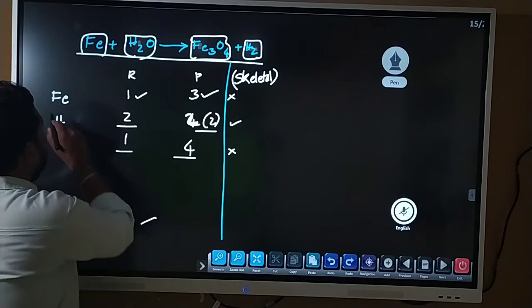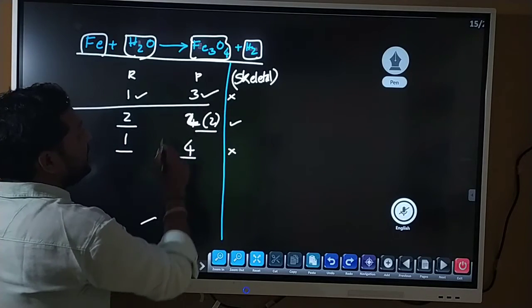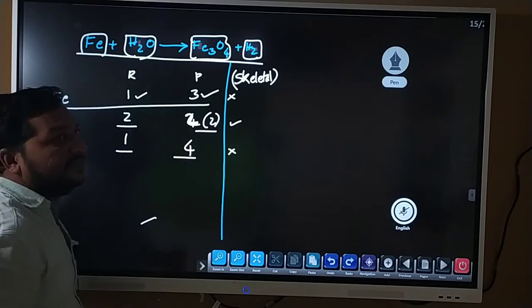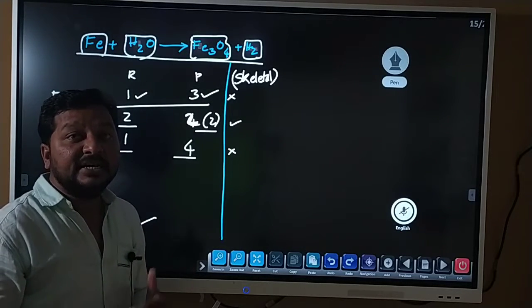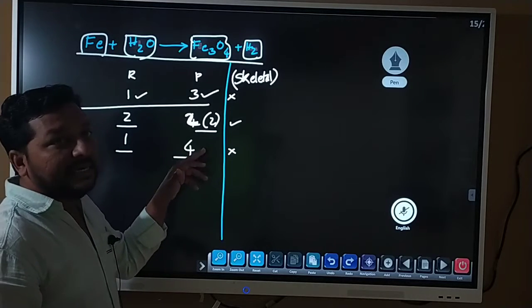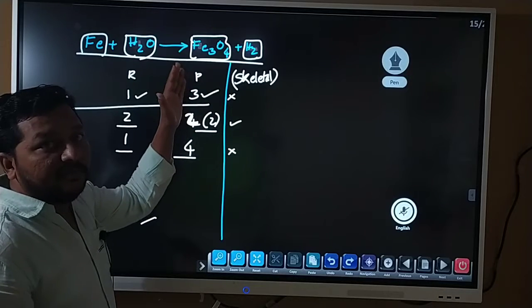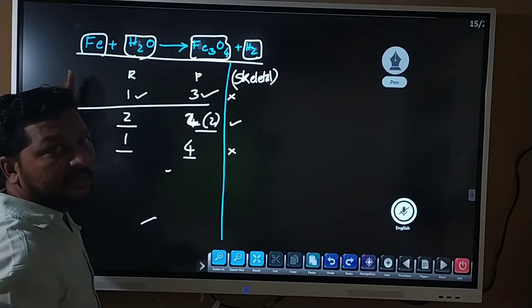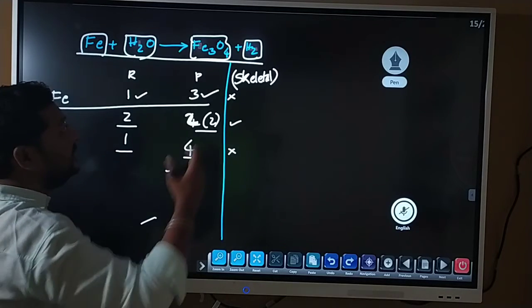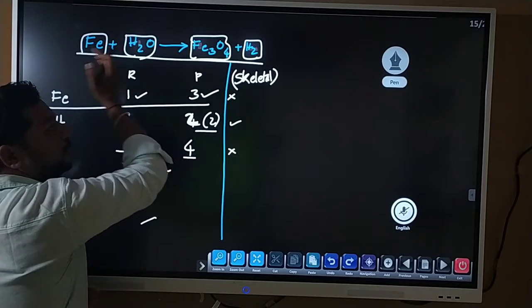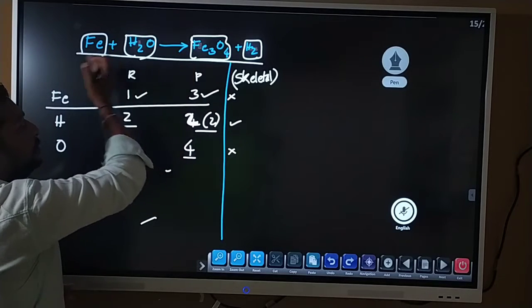For example, just compare iron. On the product side there are 3 iron atoms and on the reactant side we have 1 iron atom. That means we have to balance from 3 iron atoms to 1 iron atom.